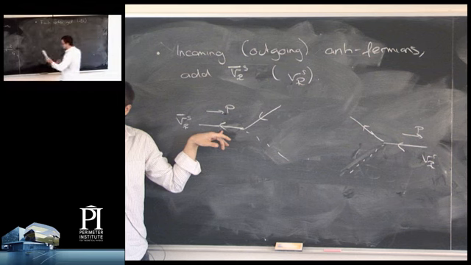And then there are the internal lines. For scalars, what you add to the internal line is the scalar propagator that we've seen already. For fermions, it's the propagator that we just came across.